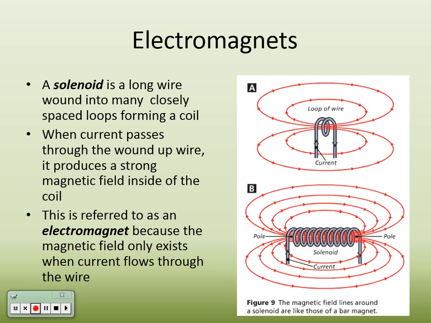Does that sound familiar from our discussion on Tuesday? So here, because there's current flowing through this wire, it's behaving like a magnet, and it causes that metal rod to behave like a magnet. Let me get it to stick. Oh, come on.